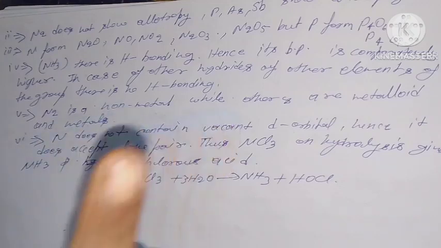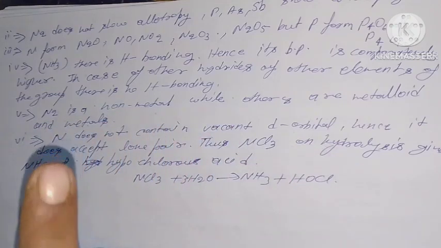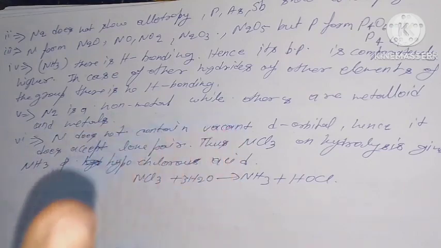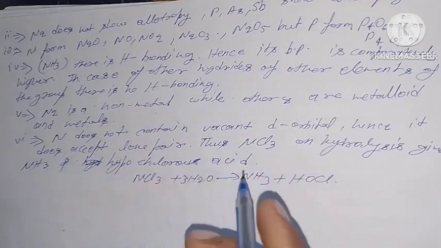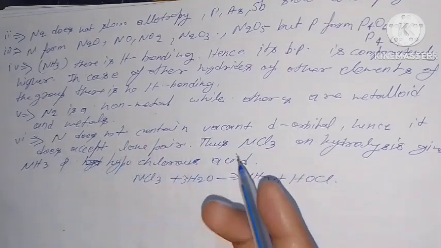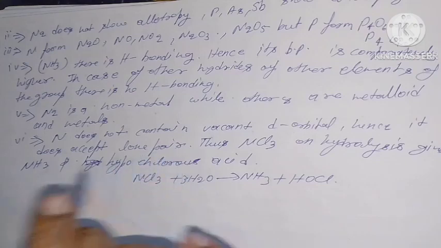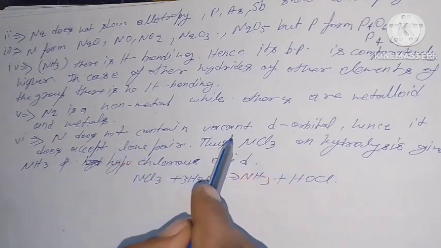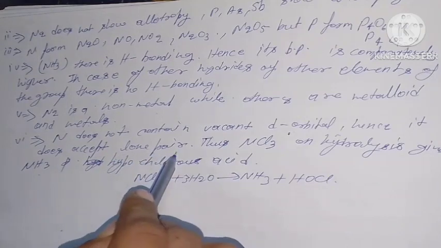Nitrogen does not contain vacant d orbitals, hence it does not accept a lone pair.